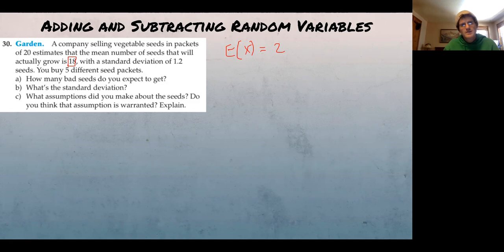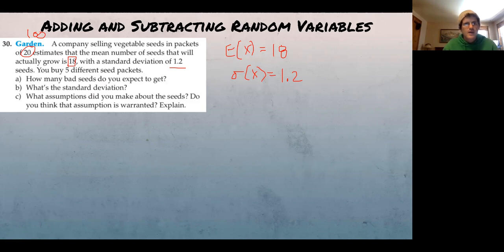So if we're talking about good seeds, how about this? Let's just work with the 18, just because I want to make sure that I don't get confused as we go through it. We'll just work with the good numbers that they gave us, and we'll figure it out from there. Standard deviation of 1.2 seeds. So the standard deviation for this random variable is 1.2. So we will figure out how many good seeds we could expect out of 5 times 20, out of 100 seeds. And then we'll figure that out from there.